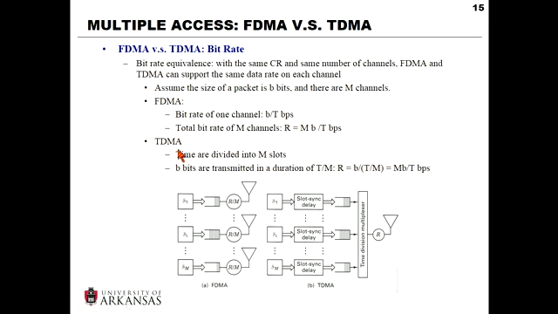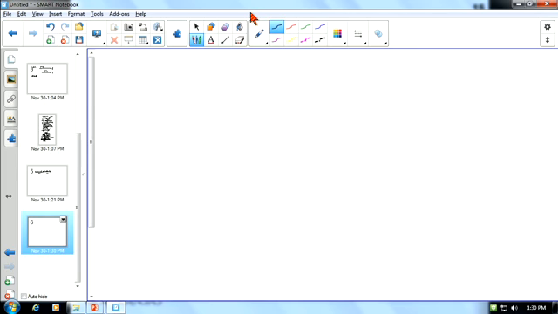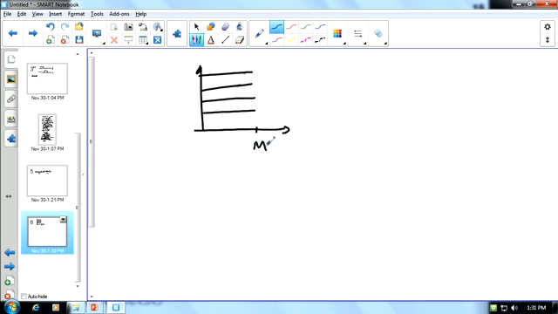Let's consider TDMA. For TDMA, the time is divided into M slots. So instead of having M frequency channels, now we have M time domain slots, and still the size of each packet is B bits. Previously, for FDMA, we have M channels, so we can transmit this much information over T seconds.